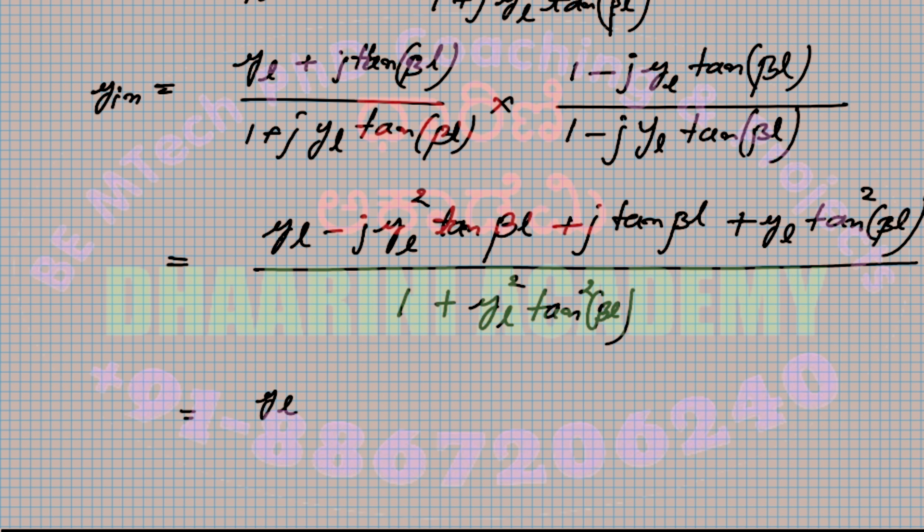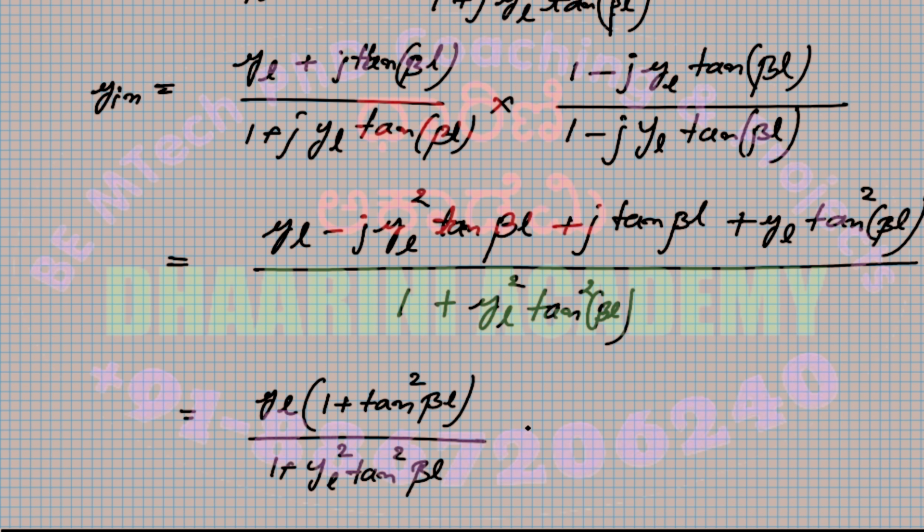The first and the last terms in the numerator are real, correct? So YL is common. YL into 1 plus tan square beta L is the real term, divided by 1 plus YL square tan square beta L. That's the real term.